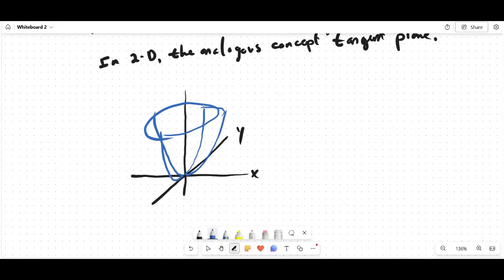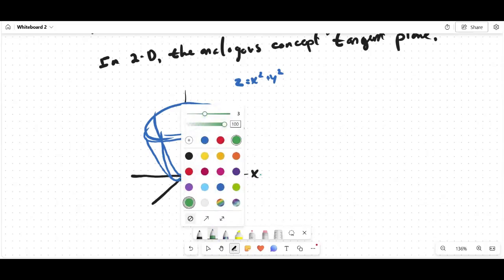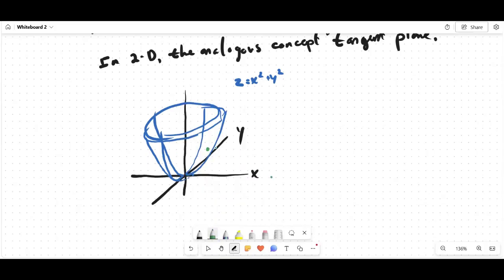I kind of wish that that touched. Okay, so this could, for instance, be z equals x squared plus y squared. If you pick a point on the graph of this function, you should believe, very confidently, at least at this point, that there are many tangent lines.